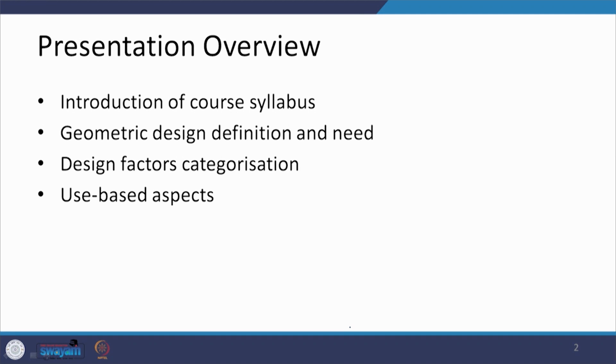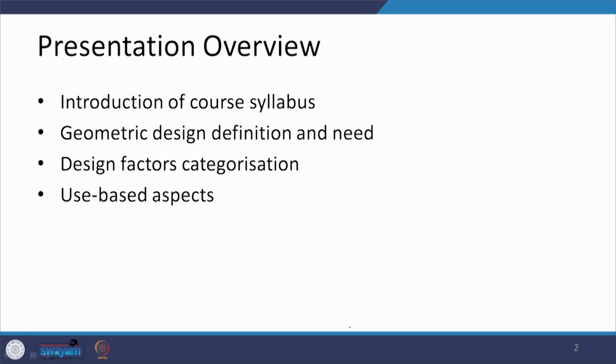module 1. So, here what you can see is that today we are going to first have an introduction of this course. The second thing we are going to look at is what geometric design is, what its definition is, what the need for geometric design is, and how it helps us in better planning as well as a comfortable ride for the road users once the facility has been provided and implemented at any location.